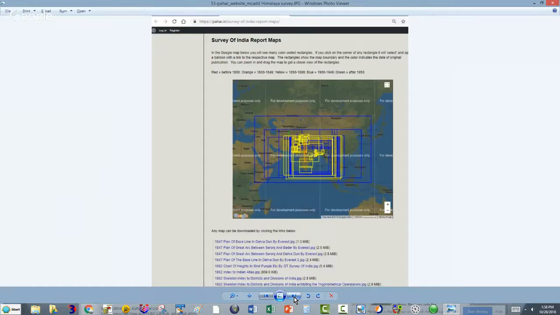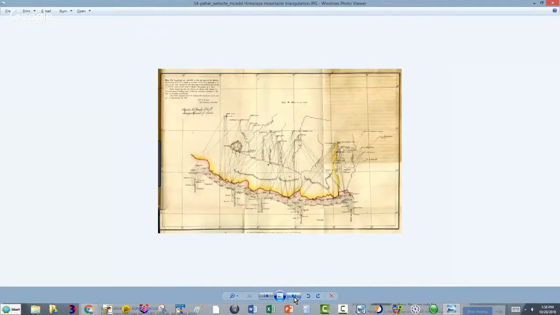The Great Trigonometrical Survey of India. Here's the map of the northern portion of that triangulation through India. And here's all the sight lines they observed to do the intersection computations of horizontal and vertical angles to establish the elevations of these mountain peaks.